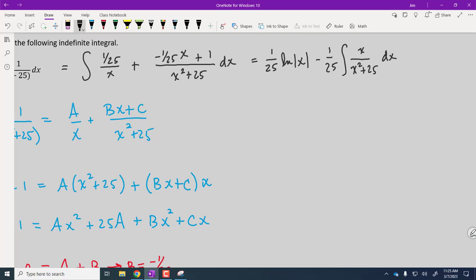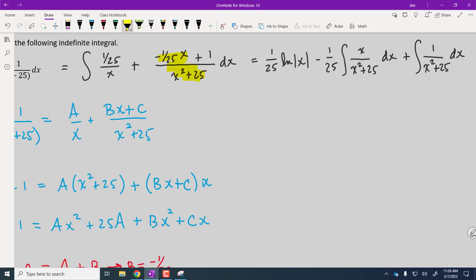And then plus the integral of 1 over x squared plus 25 dx. So we're splitting the fraction, first factoring the negative 1/25 out of the numerator, and then this second one.